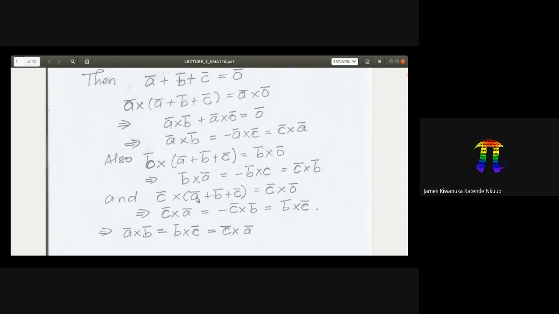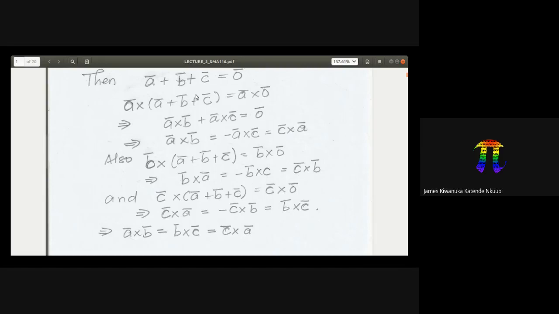So we have C cross A. The only two that survive are C cross A and C cross B. C cross C again will be 0, so it doesn't appear in the next line. When you simplify, you have C cross A equal to minus C cross B. Again, using the properties of a cross product, we know that minus C cross B will be equal to B cross C.